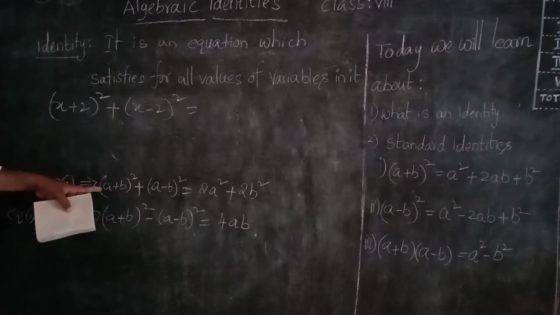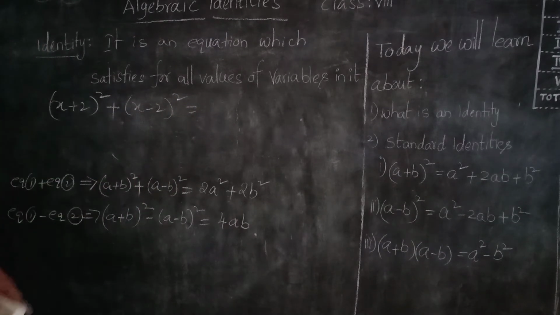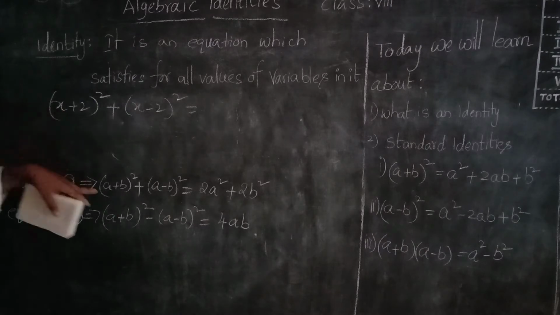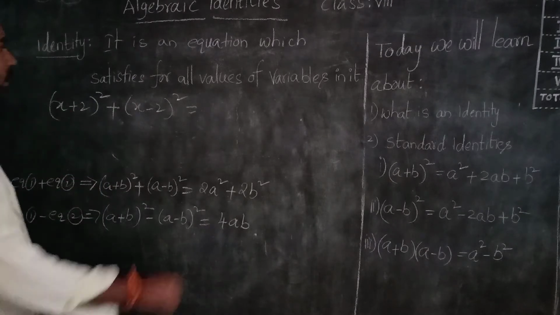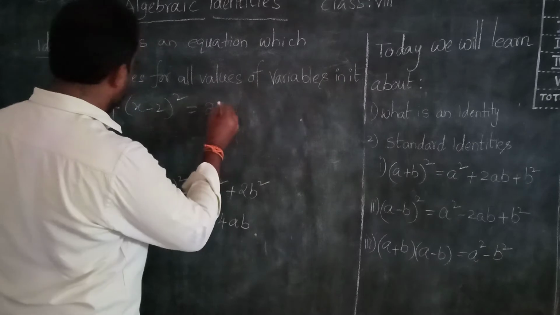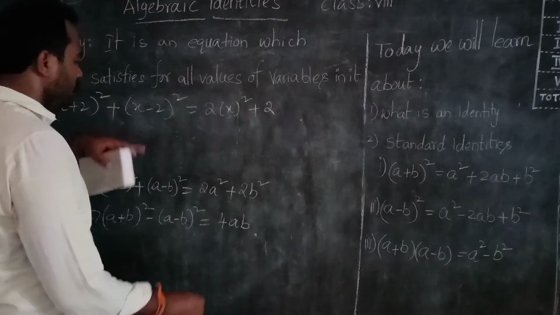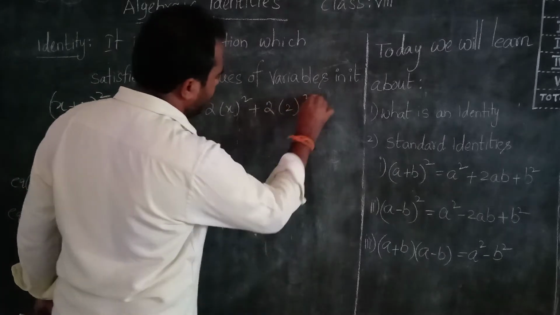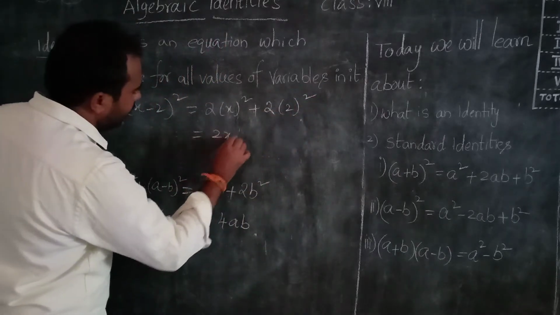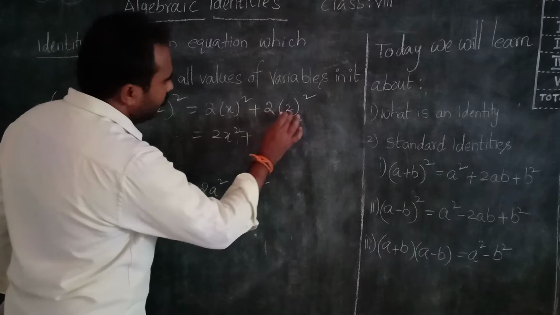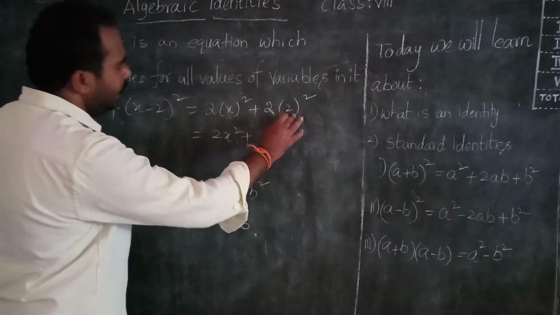So according to these results, what is the value? a is equal to x, b is equal to 2. So that is equal to 2 into x square plus 2 into b square, 2 square. That is equal to 2x square plus 2 into 2 square, 4 into 2, 8.